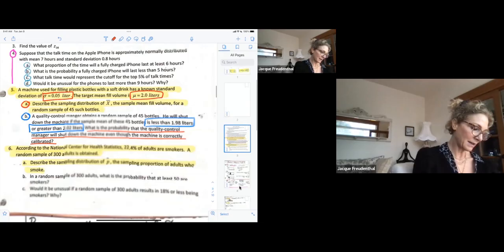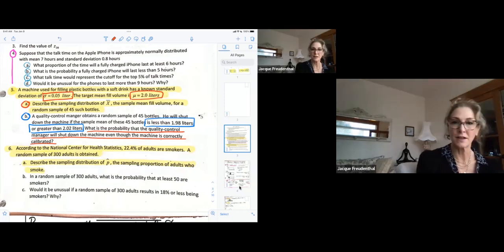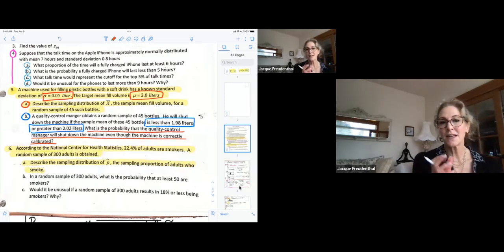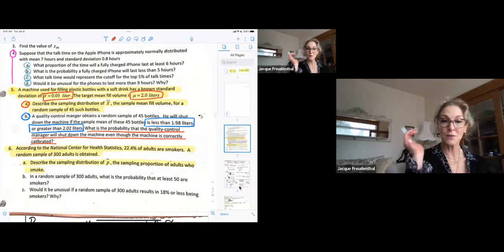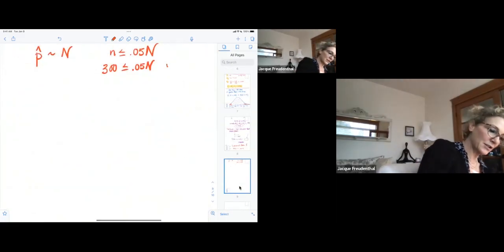According to the National Center for Health Statistics, 22.4% of adults are smokers, a random sample of 300 adults. This is an assumption, but definitely a sample size of 300 is a lot smaller than 5% of all the population of adults. So we're checking that off.